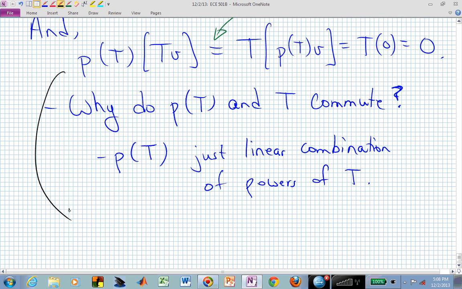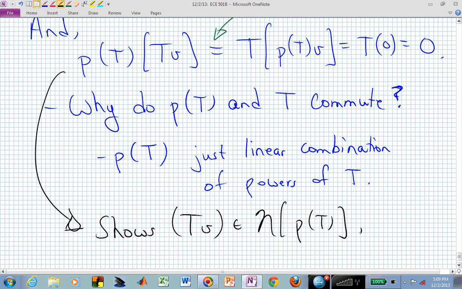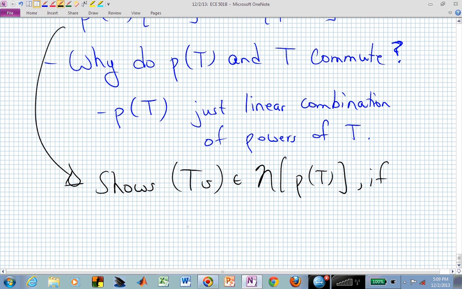Which says then that this particular proposition shows that T V belongs to the null space of P of T if V was in the null space to begin with.